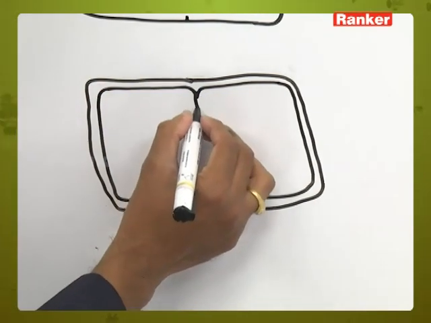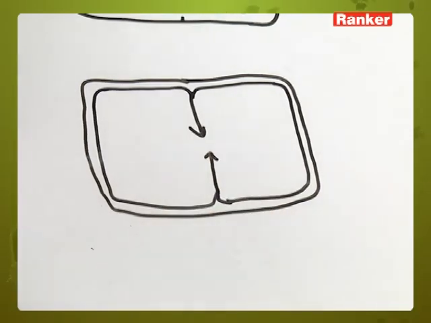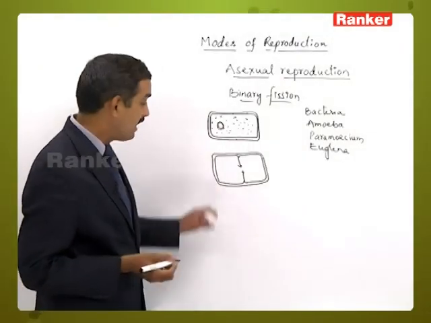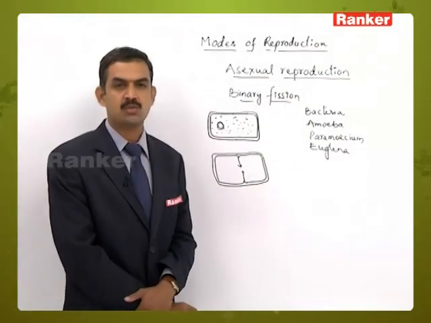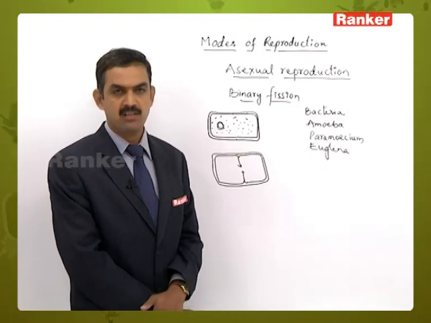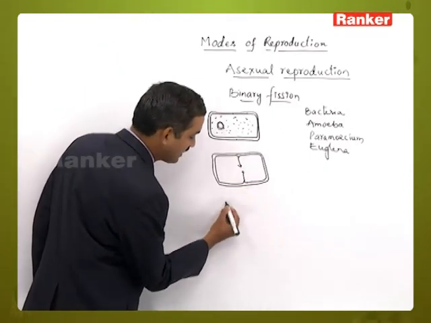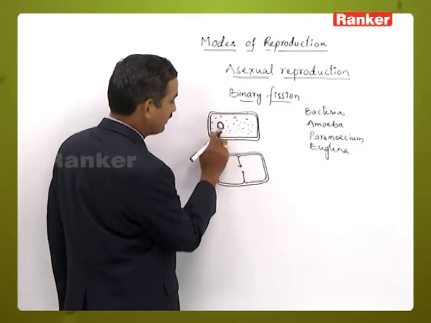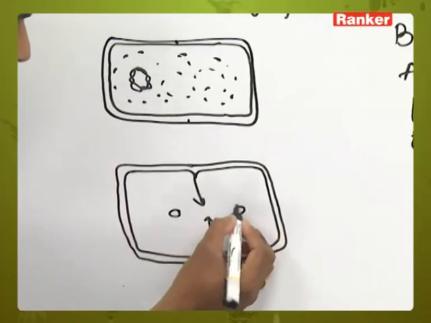Both constrictions will move towards the center and unite at one point. Since the constriction is moving from the periphery to the center, that is called a centripetal manner. Before that, the nucleus will also be divided into two daughter nuclei.